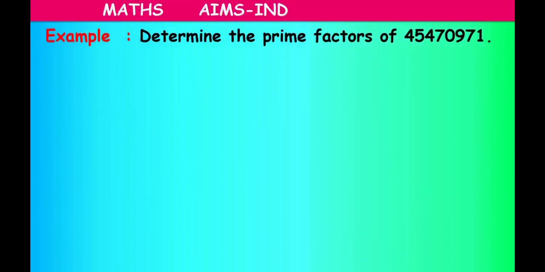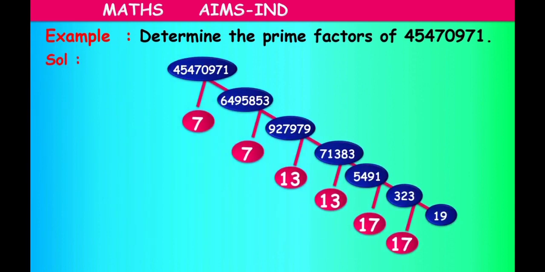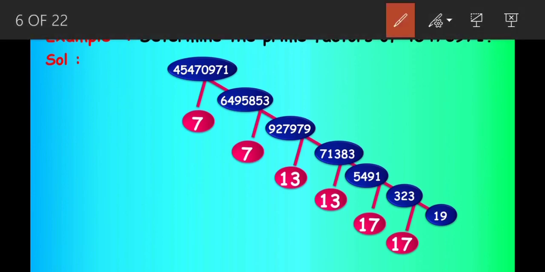Next, suppose we have a question like this: determine the prime factors of the given number. With the help of prime factorization, we can do it. First we take 7 times some number, again divided by 7, again divided by 13, next 13, next 17, next 17.